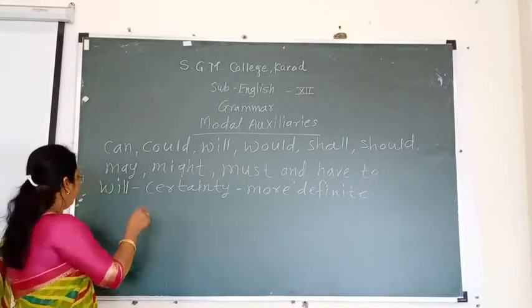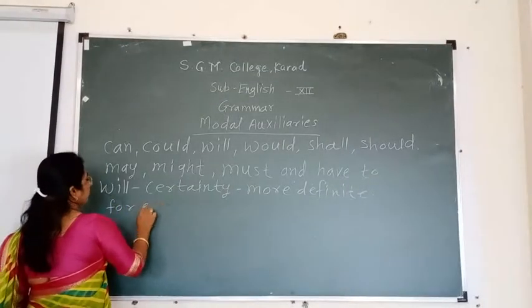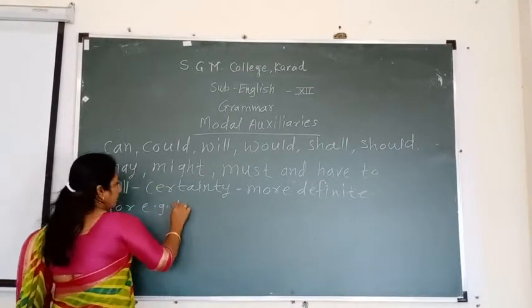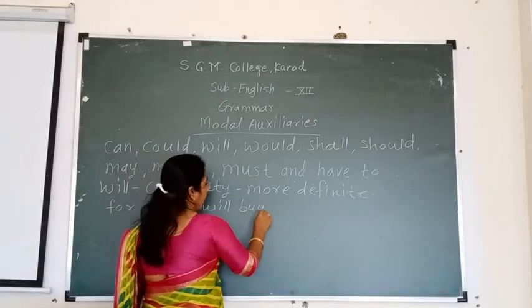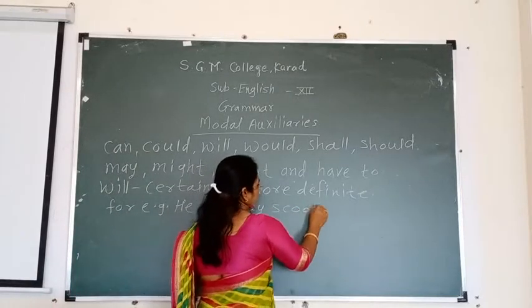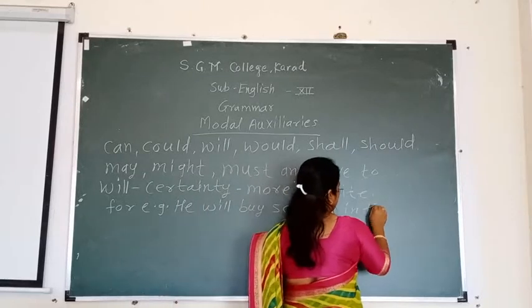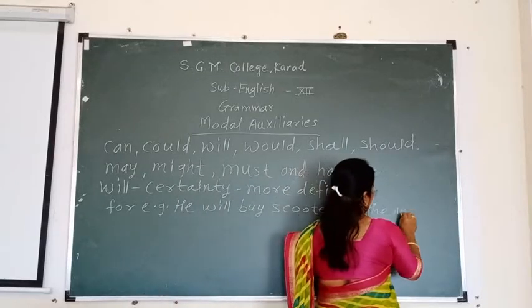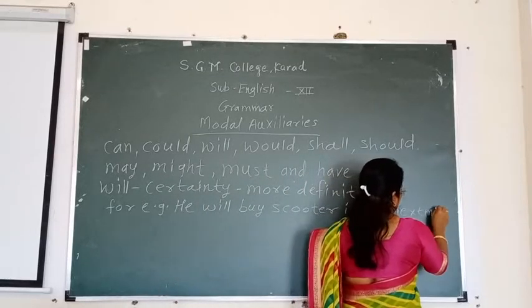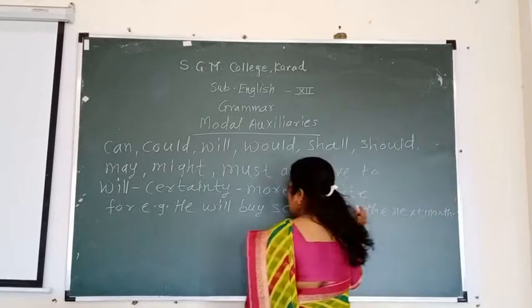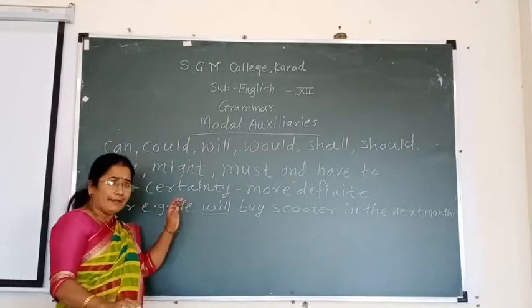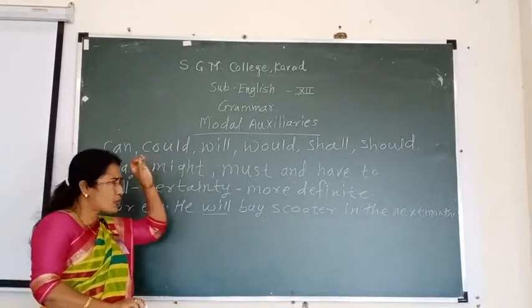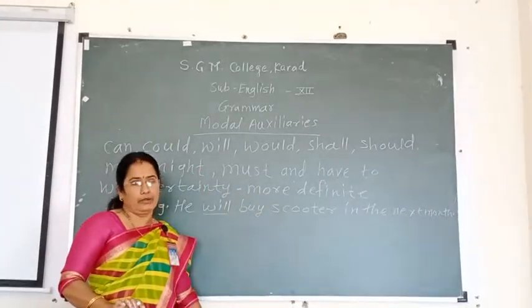For example, he will buy a scooter in the next month. In this sentence, will shows certainty that in the next month he will surely buy the scooter.